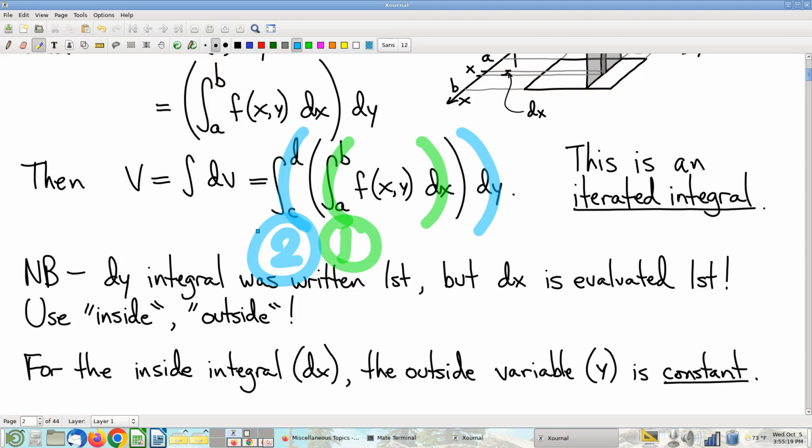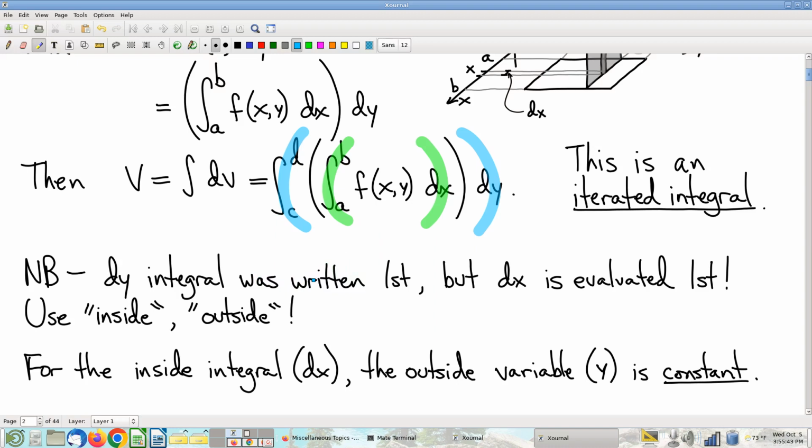Which integral is first depends on what you are talking about, the formation of the iterated integral or the evaluation? One's first in one context, the other's first in the other context, so it's not clear which one is first. So I think the terminology should just be absolutely abandoned. I wouldn't call either of these first or second.